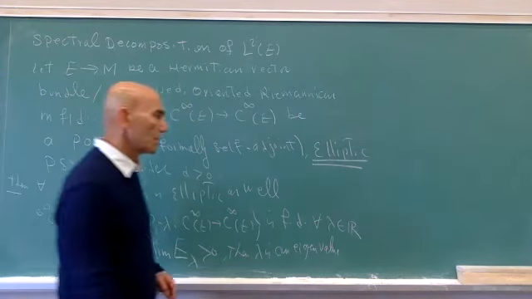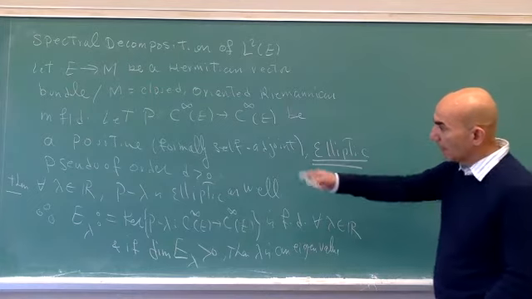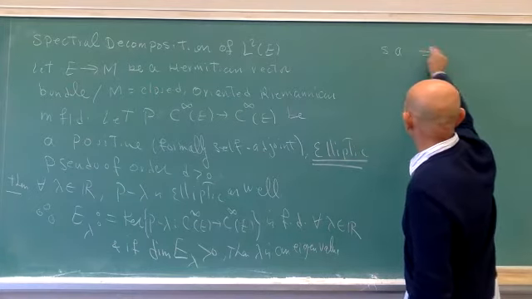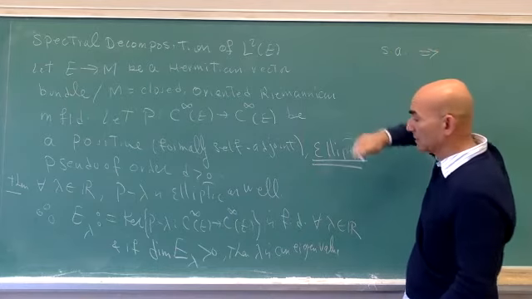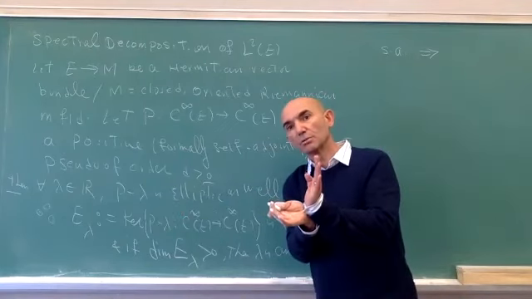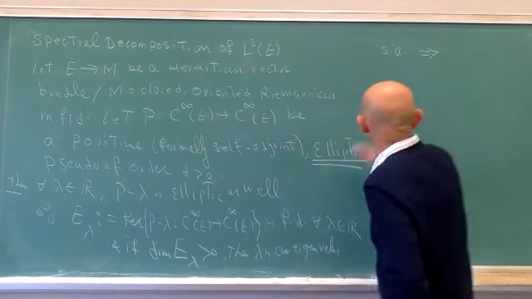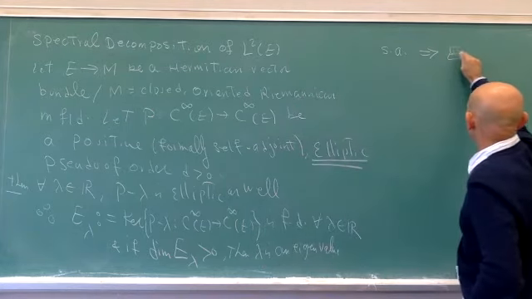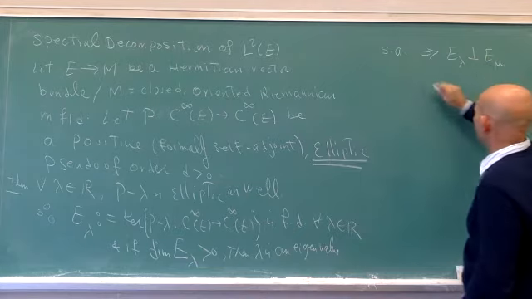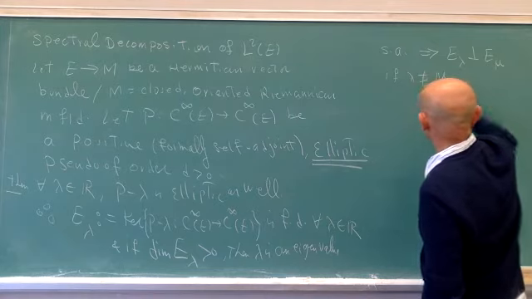The fact that this is self-adjoint, or formally self-adjoint, it doesn't matter, implies that these spaces are orthogonal to each other. E lambda and E mu are orthogonal to each other if lambda is different from mu. That's one thing.